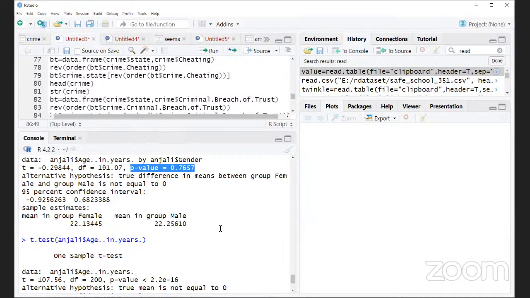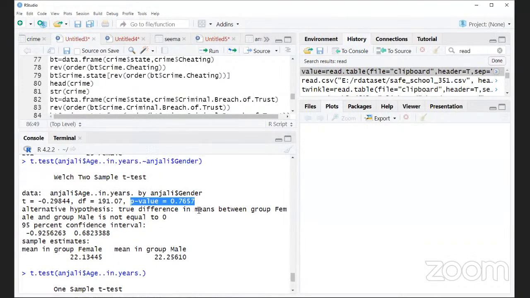The p-value indicates 2.2e minus 16. That means it is highly significant. Initially there will be 0.16 zeros, after that 2 will be there.